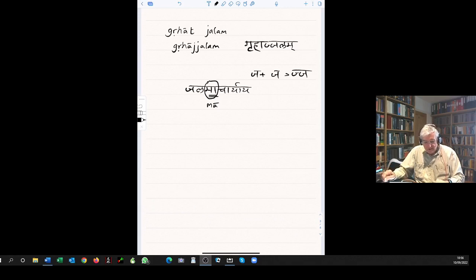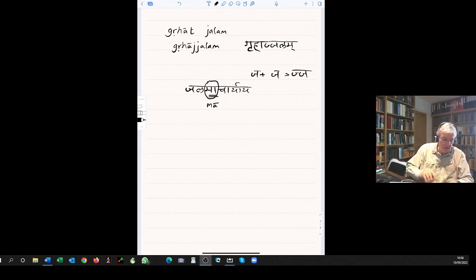Here it's the same, looking at the very last line now on page 115, shishya jnanam acharyat labhante. Jnanam acharyat, knowledge from the teacher.